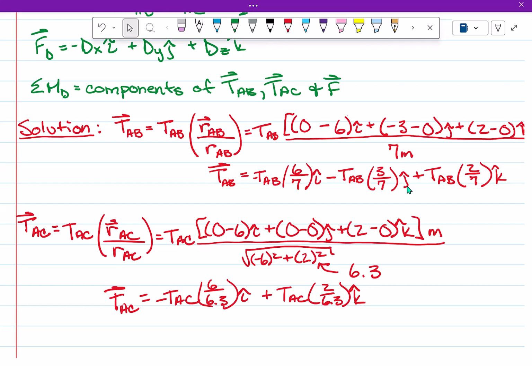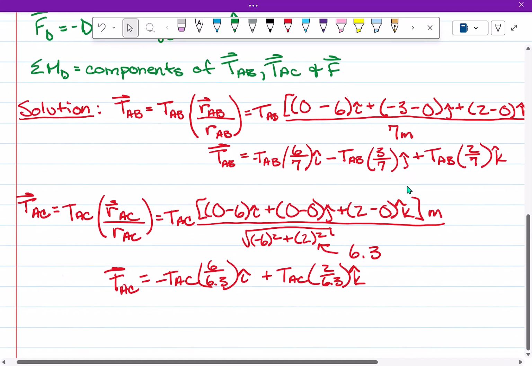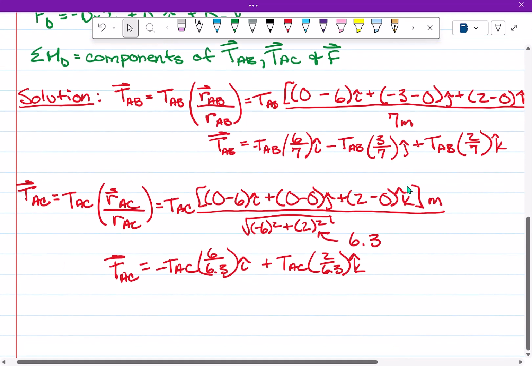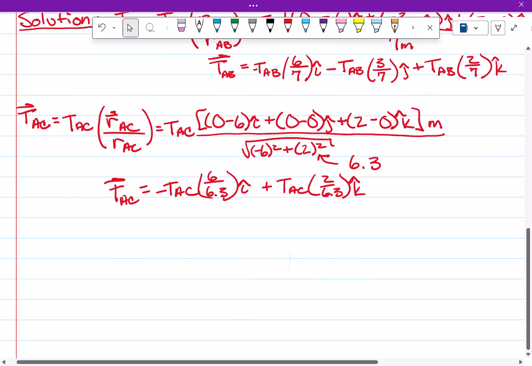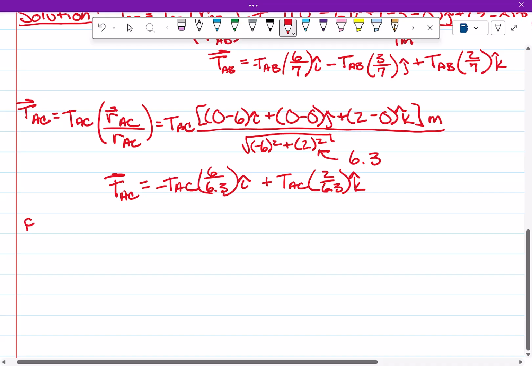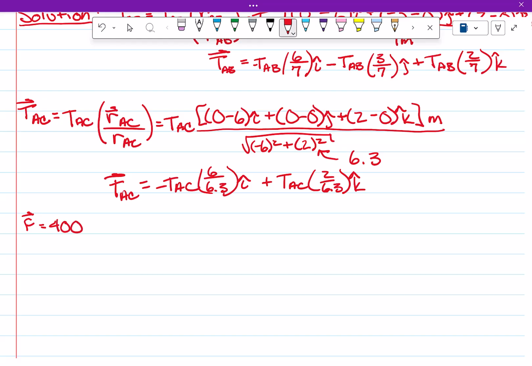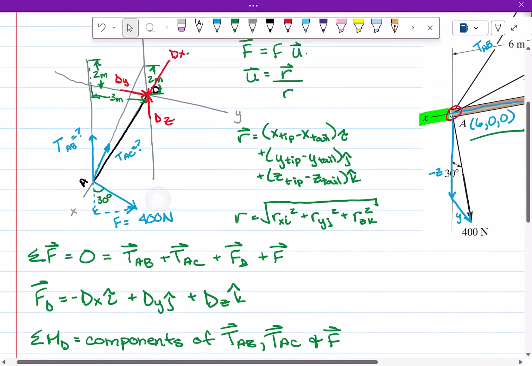And so we can also figure out the different components associated with our F. That would be 400, and then opposite the 30 degrees is our J component. Adjacent to the 30 degrees would be our K component.